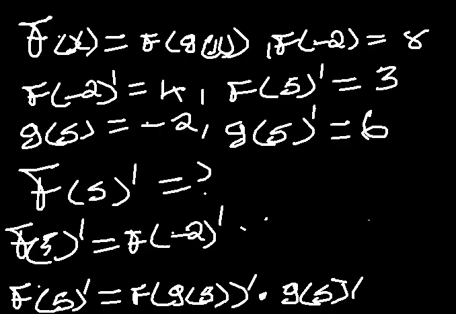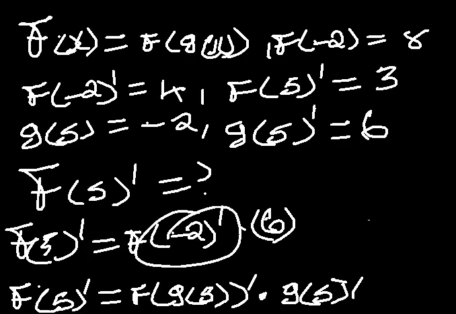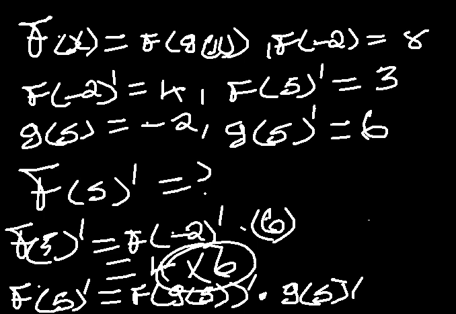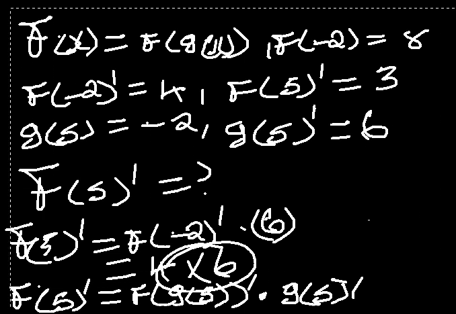That has to be 6, so we have times 6 here. But what is f prime of -2? It is given as 4. We'll have 4 times 6. That will give us what we're looking for. So keep that in mind.